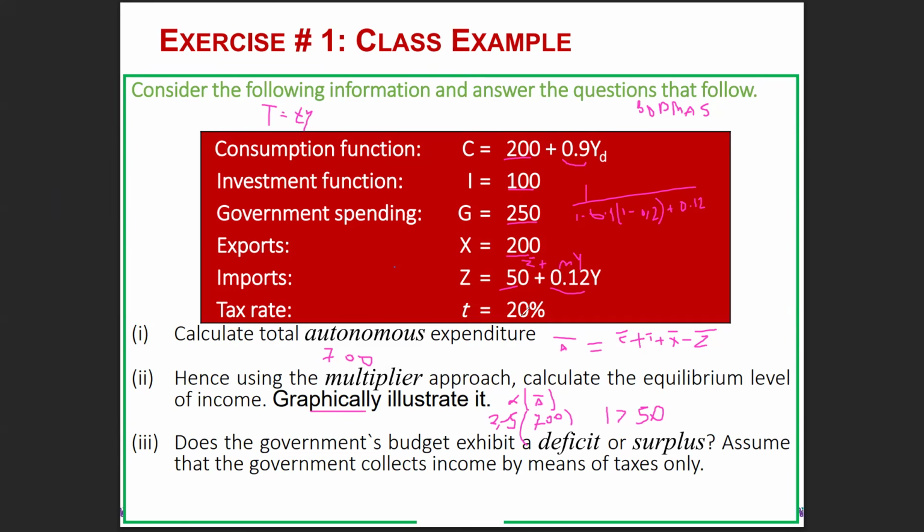So our t is 20%, which is 0.2, times our income. We've calculated our equilibrium income to be 1,750. So 0.2 times 1,750 gives you 350.